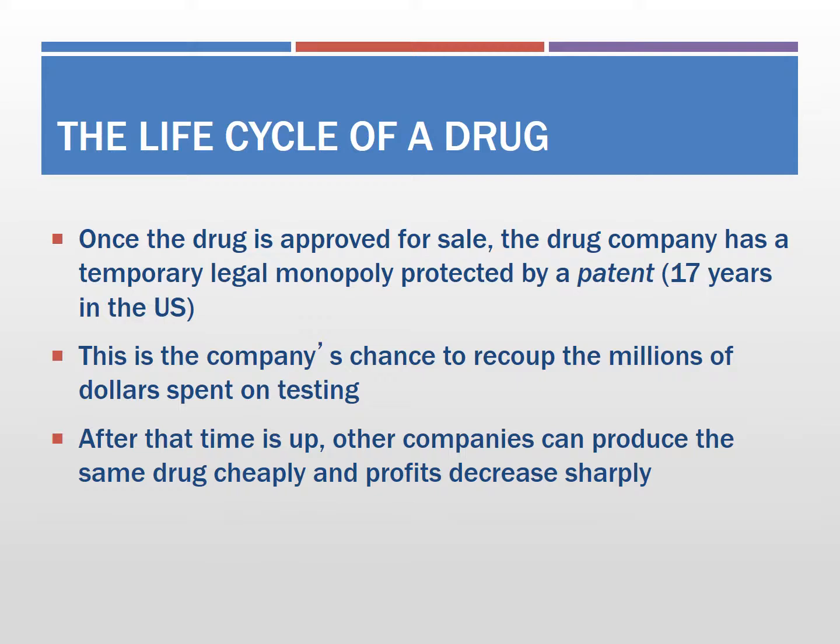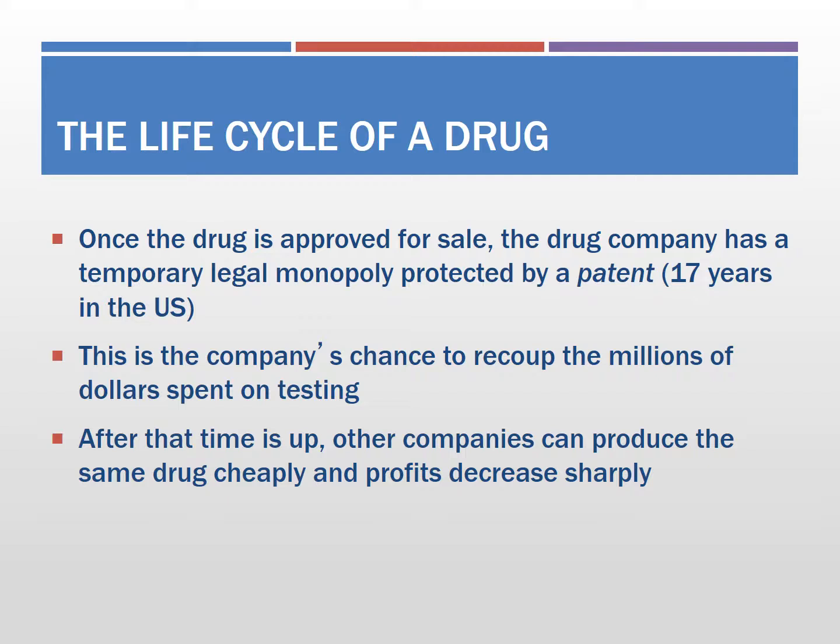Once the drug gets approval for sales, the drug company is usually rewarded with a patent filed for the product. This patent is basically a temporary legal monopoly protection for the company, to guarantee a secure income or profits to pay off what they have invested in the past.